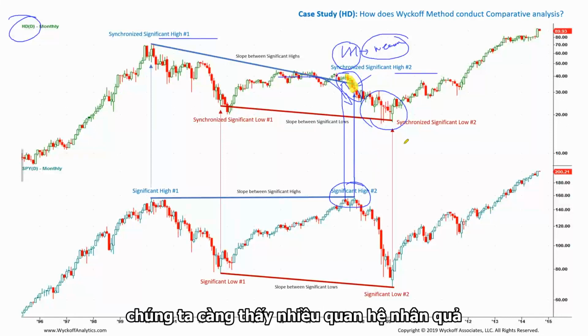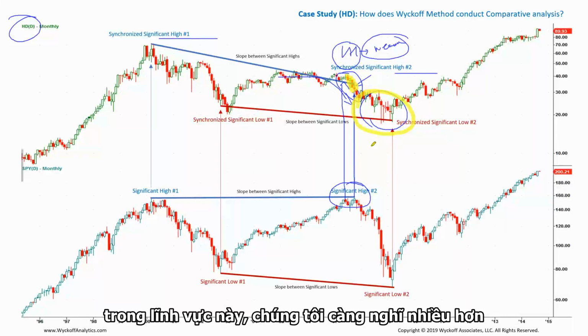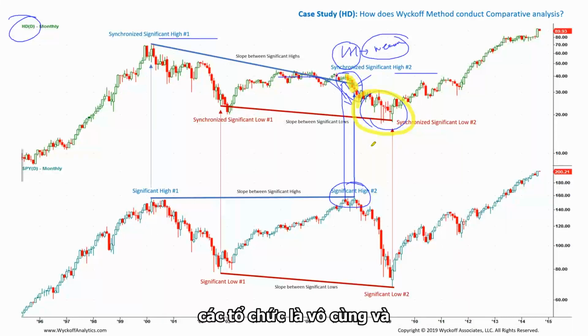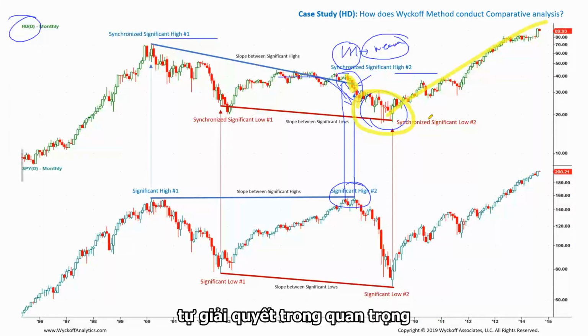The more causality we see of comparative relative outperformance in this area, the more we're thinking that institutions are extremely aggressive at these lows, and they are extremely aggressive with their buying. So therefore, we could project that the effect of this initial leadership in the trading range could resolve itself in the significant leadership that would follow afterwards. And that's the whole idea.